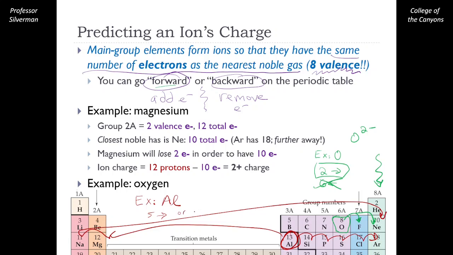That is going to be 3 going backwards. Which of these seems like it's easier? Well, 3 is easier than 5. So here we get to go backwards 3 spots. We get to form aluminum 3+.